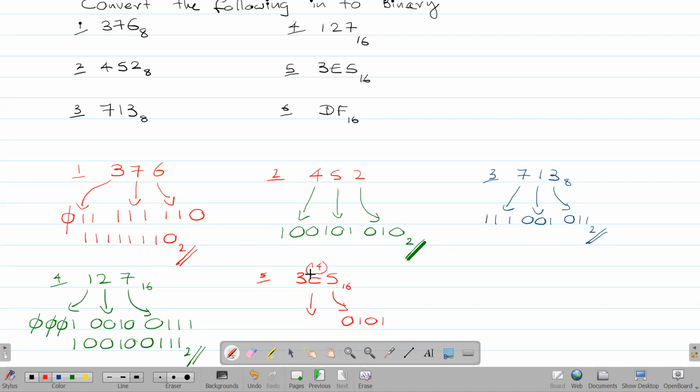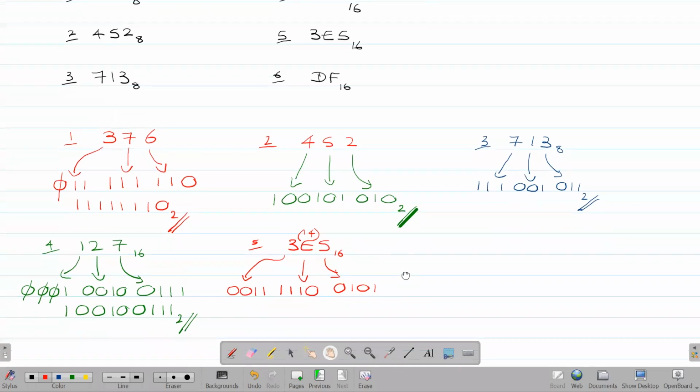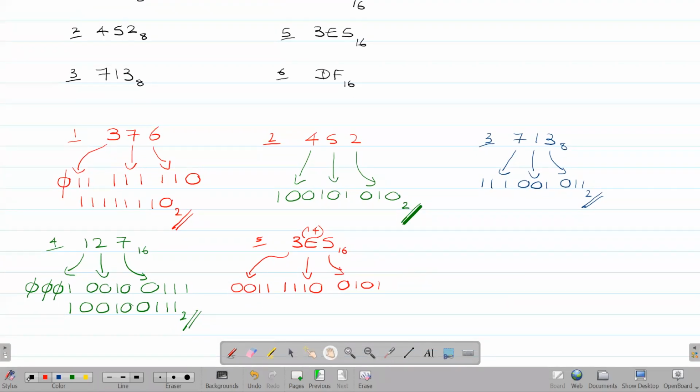So 14 can be taken as 8 plus 4, 12 plus 2, 14. So we don't have 1 for that. 3 can be written as 0, 0, 1, 1. So the final answer, you can ignore these two. So it's 1, 1, 1, 1, 1, 0, 0, 1, 0, 1.